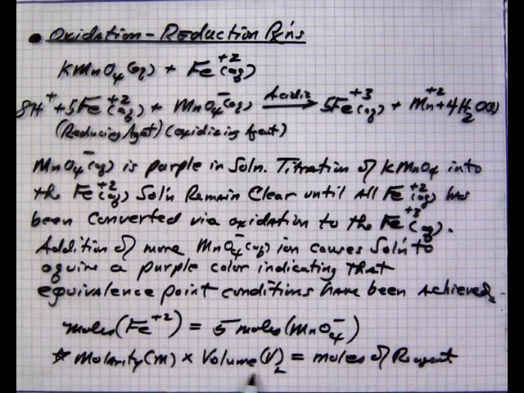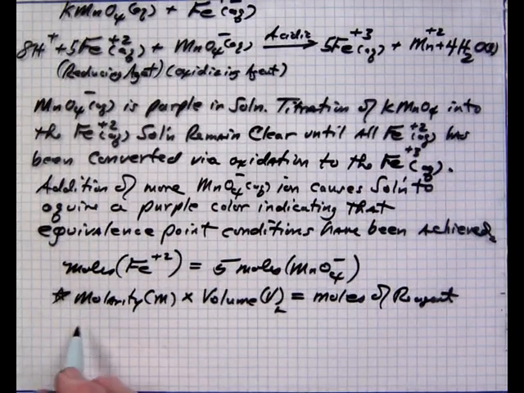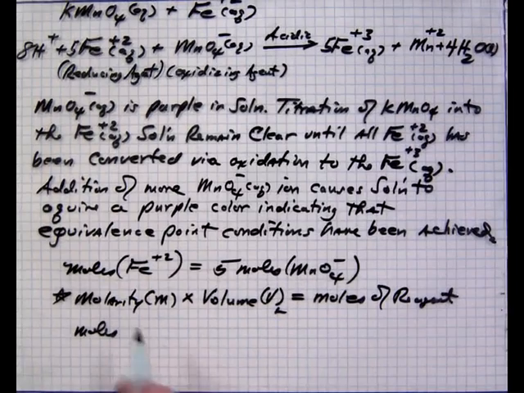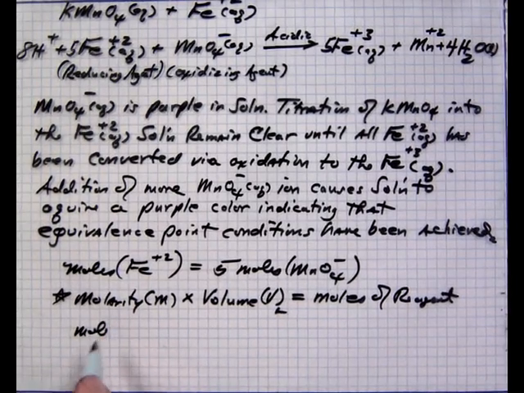So you can take molarity times volume of the iron equals 5 times molarity times volume of the permanganate.